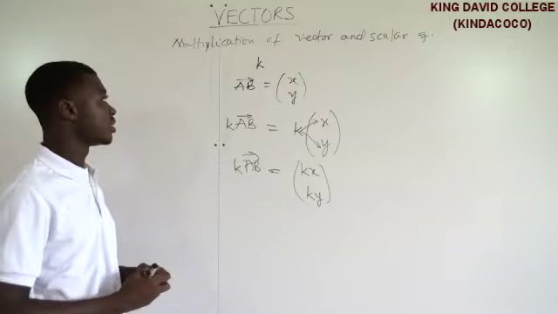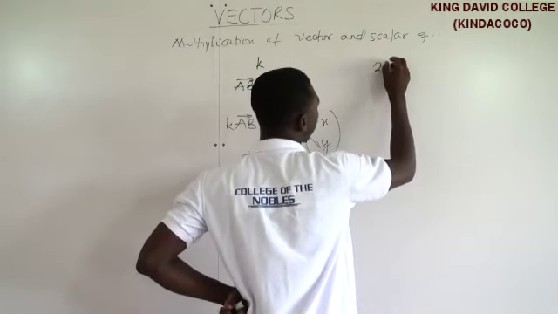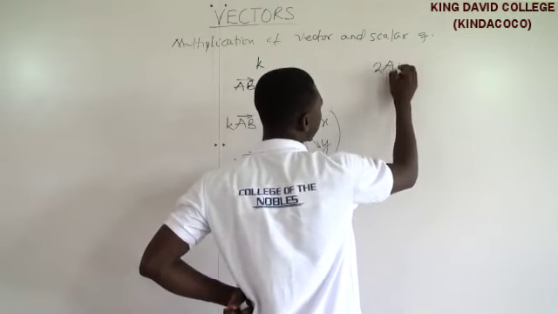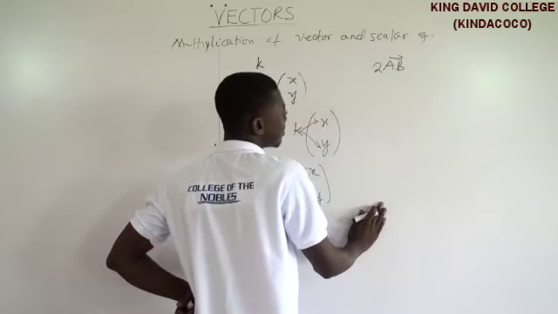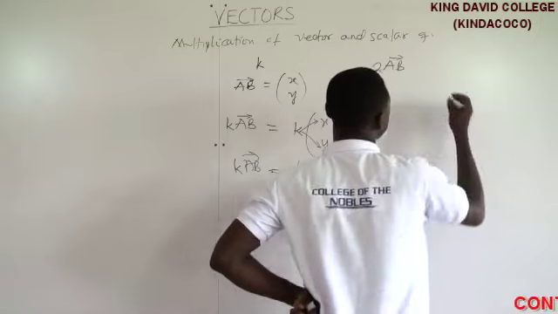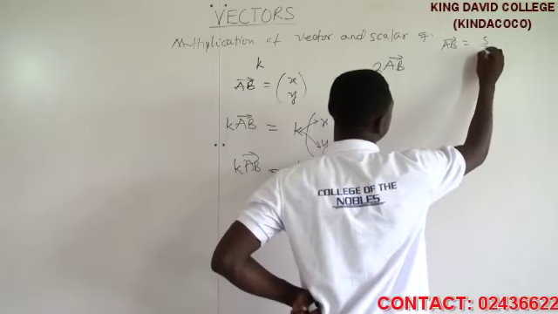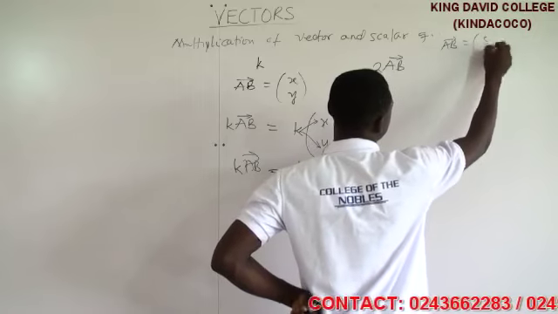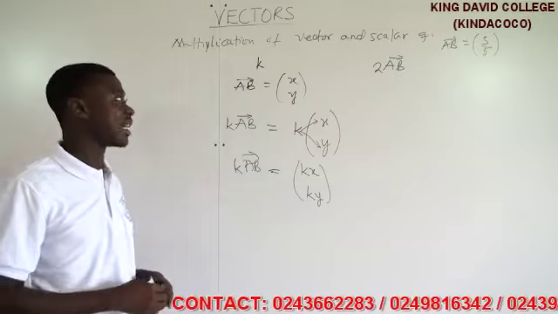Kx, ky. So a numerical example would be: find the resulting vector if we have something like this, where our vector AB is (3, 5), and we have to do 2 vector AB.